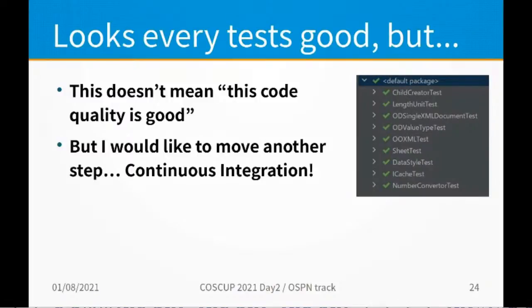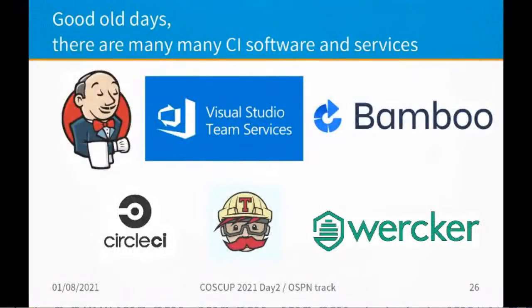Okay, every test looks good, but this doesn't mean that the code quality is good. But I want to move on to the next step, continuous integration. This is the third topic. Good old days. There are many CI software and services, for example Jenkins, Visual Studio Team Services, Bamboo, CircleCI, Travis CI, Werker, or something else.